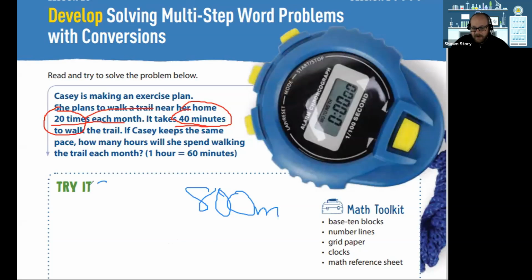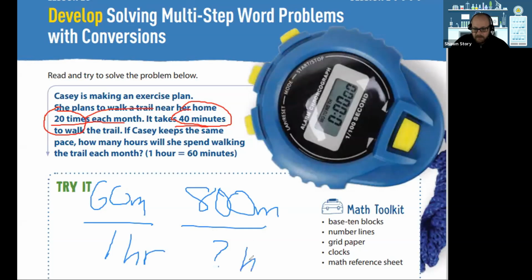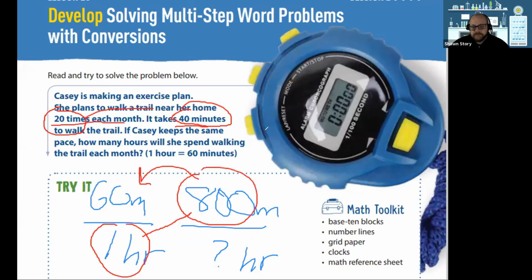And we know here's my ratio. There are 60 minutes and 1 hour. I need to know how many hours that is. How am I going to cross multiply? What do I do?